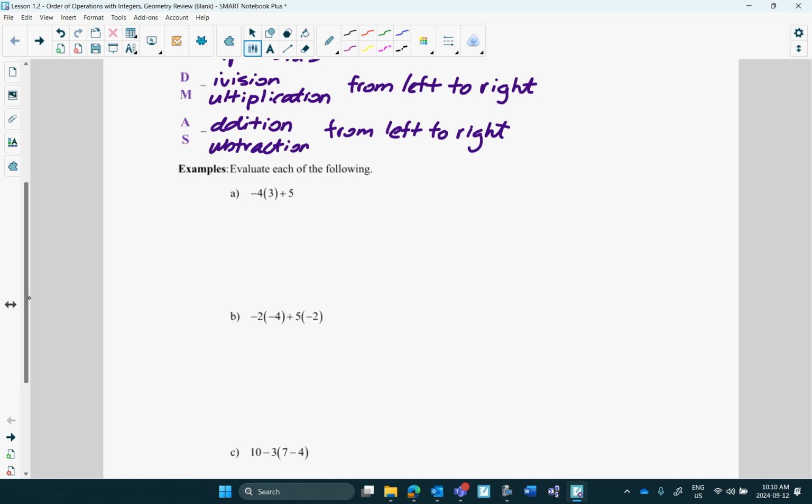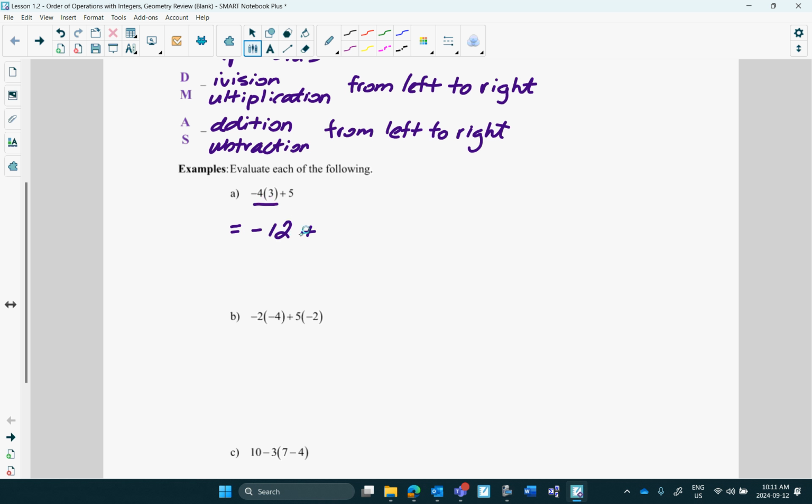So this first one, well, I've got parentheses, but there's nothing being done inside, right? It's just 3. So I don't have to worry about that. Now I look for multiplication and division. Do I see any multiplication? Yeah. Multiply -4 by 3. And what's -4 times 3? -12.